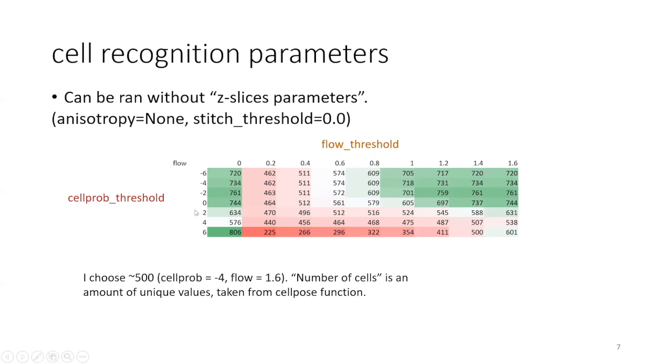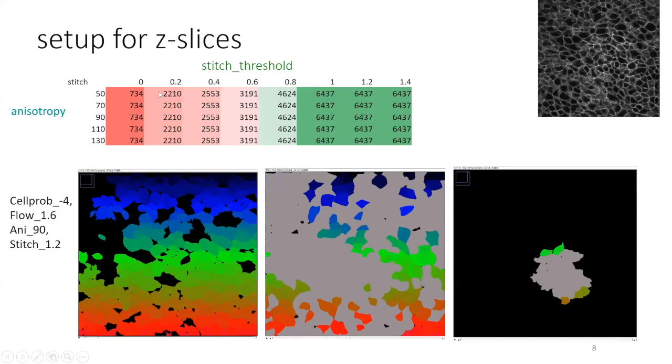And with these parameters, we see that the 3D parameters aren't changed. They are the defaults of the function in the Cellpose library, and we just add these parameters and also loop the 3D parameters, stitch and anisotropy, and get such an interesting and probably false table.